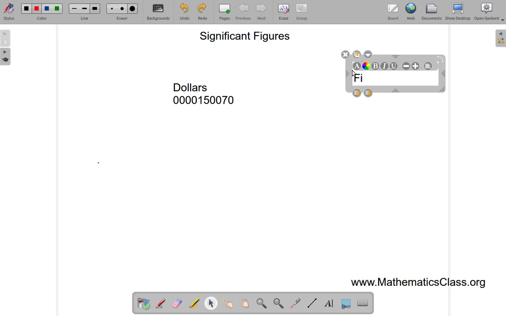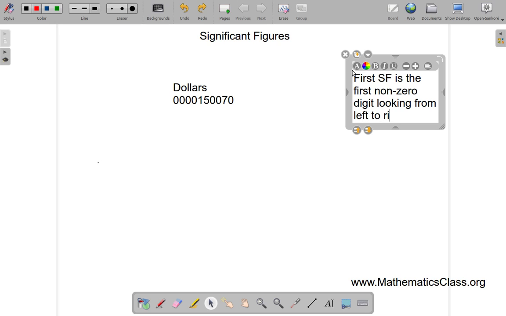The first significant figure is the first non-zero digit as you look from left to right.